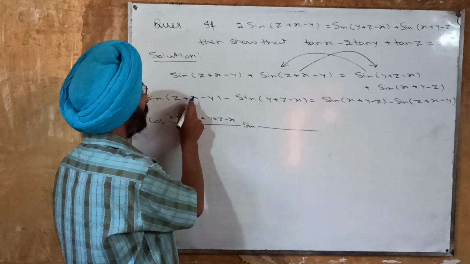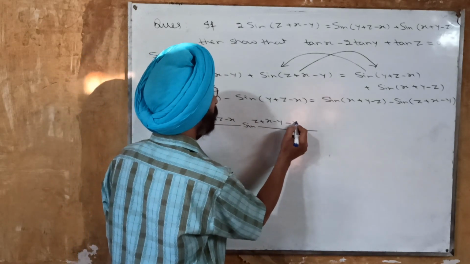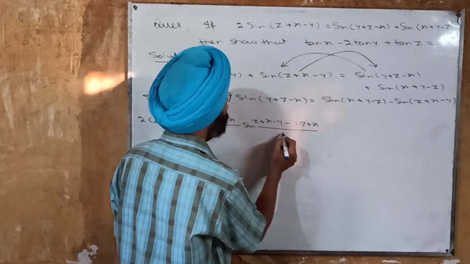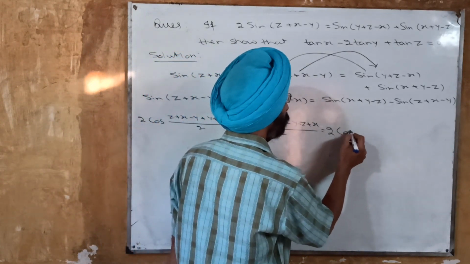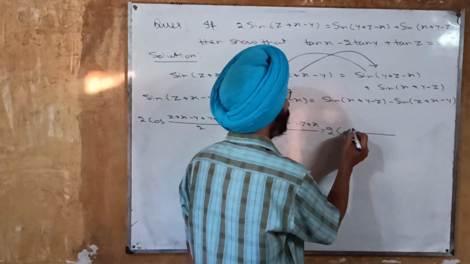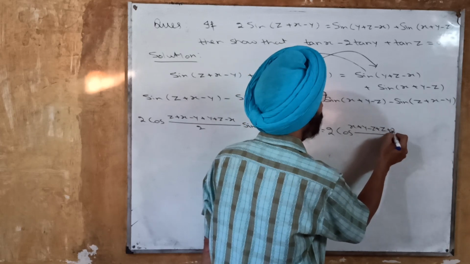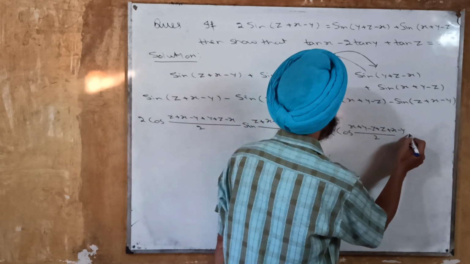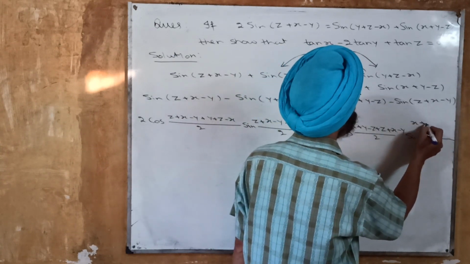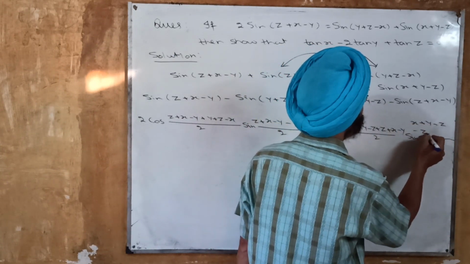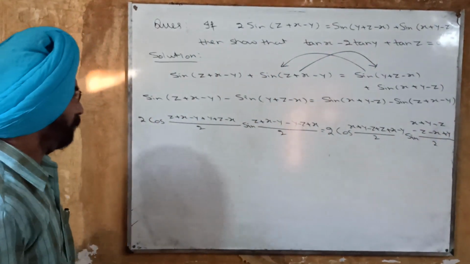Now difference of the angles, that means z plus x minus y minus z plus x by 2 is equal to, on the other side once again, 2 cos sum of the angles x plus y minus z plus z plus x minus y by 2, and then sine difference of the angles x plus y minus z minus x plus y divided by 2.